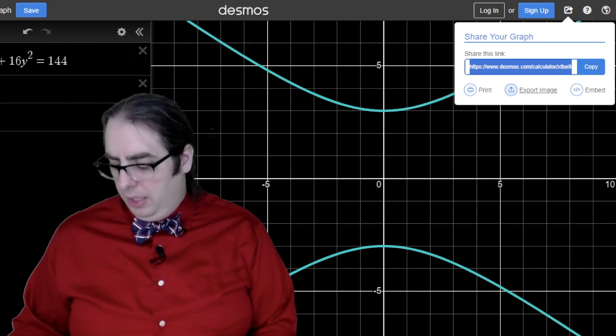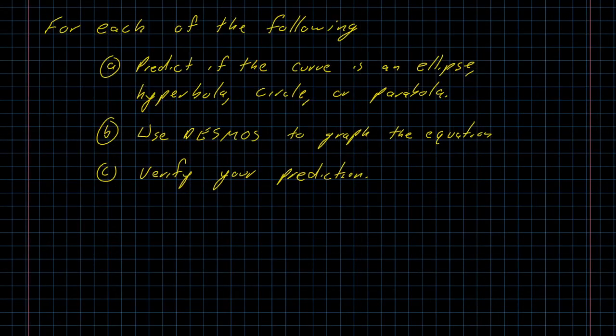On this one, let's go back to the notepad and finish this off with 3 equations that I want you to graph. X squared over 5 minus y squared over 4 is equal to 8.